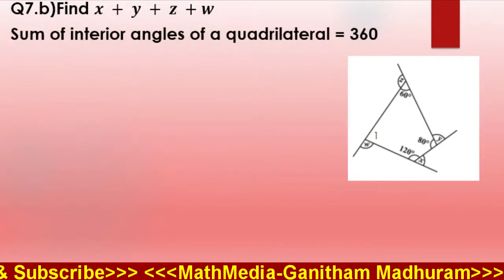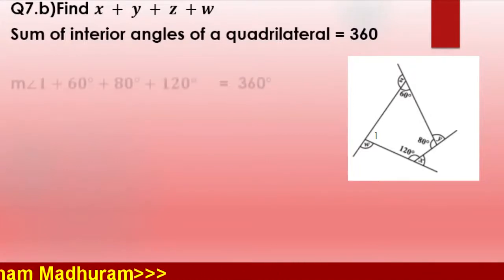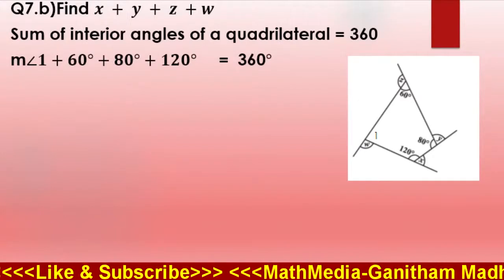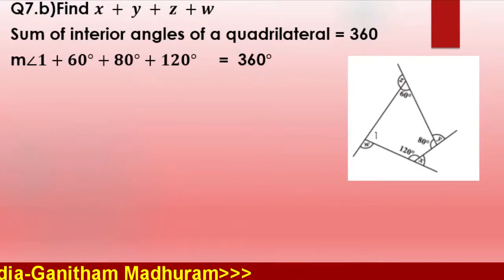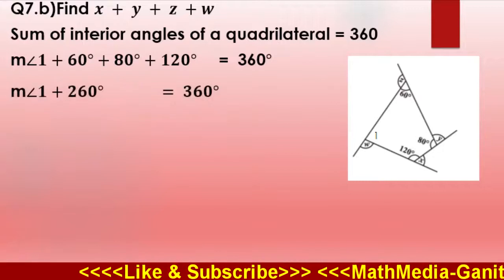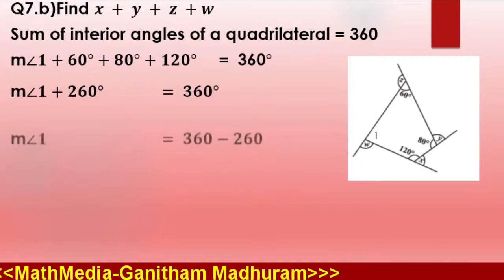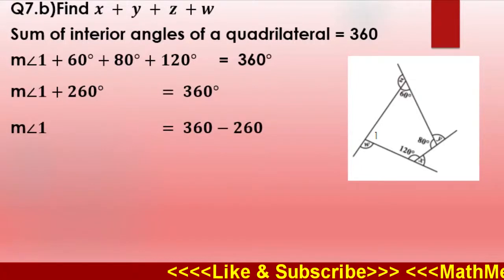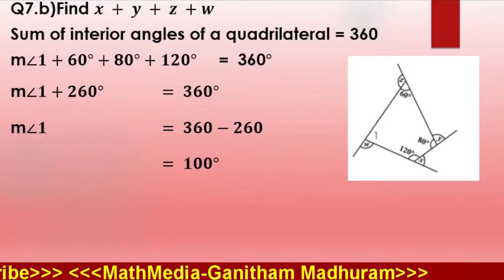The sum of interior angles of a quadrilateral equals 360 degrees. We can substitute the values, that is measure of angle 1 plus 60 plus 80 plus 120 degrees equal to 360 degrees. That is measure of angle 1 plus 260 equal to 360 degrees. Therefore measure of angle 1 equal to 360 minus 260, that is equal to 100 degrees.